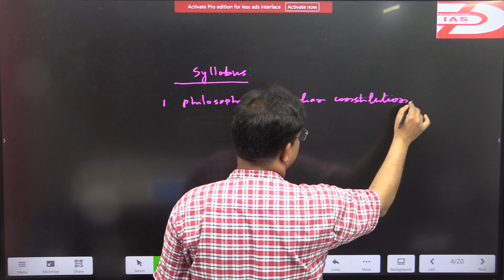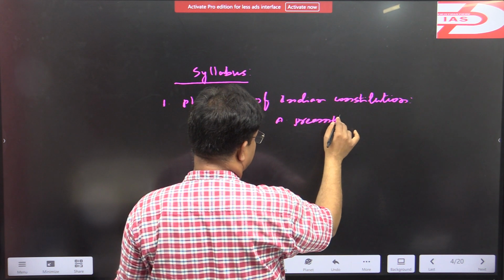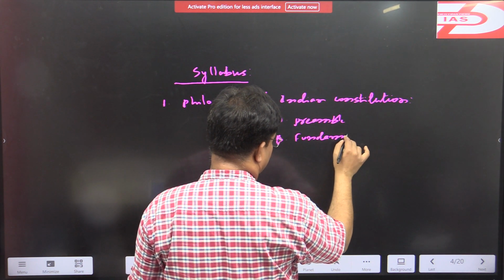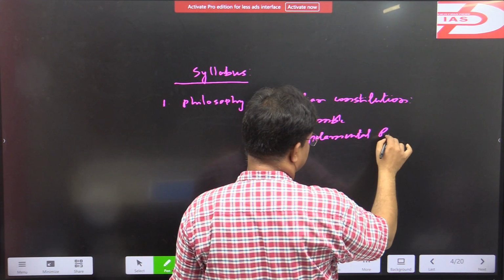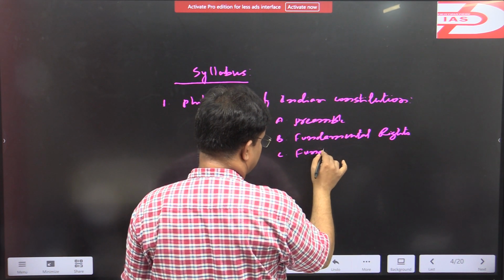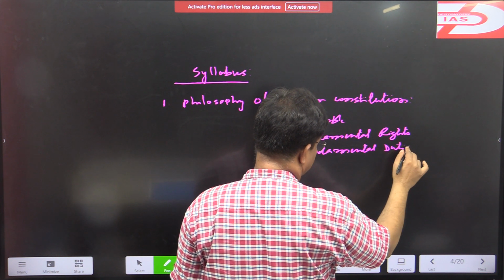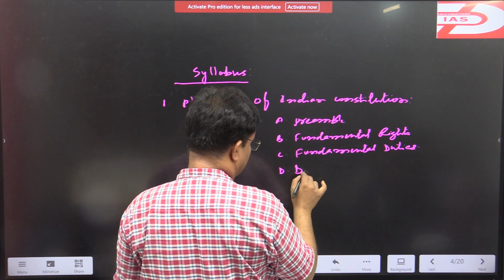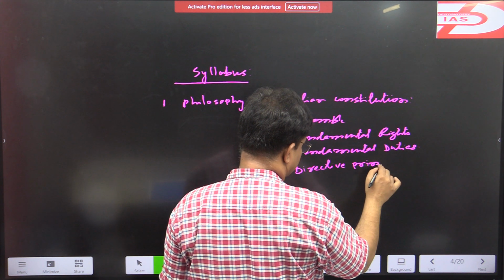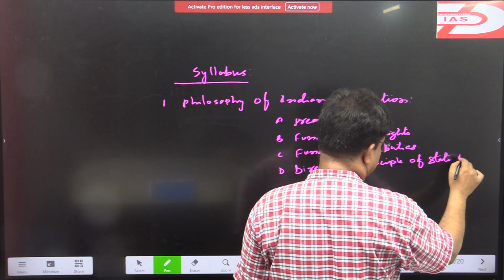It includes preamble, fundamental rights, fundamental duties, directive principles of state policy.